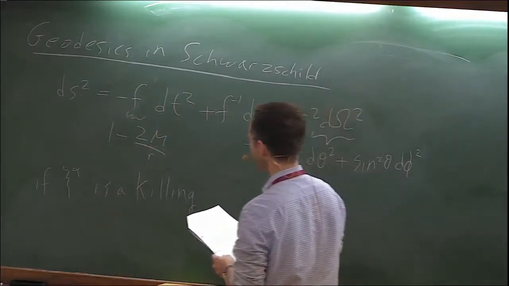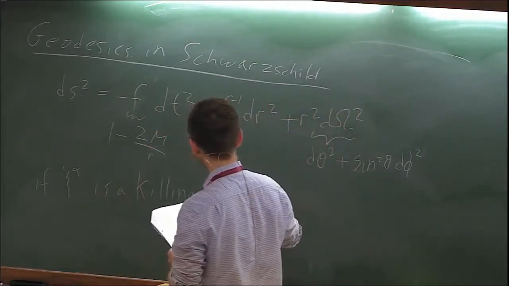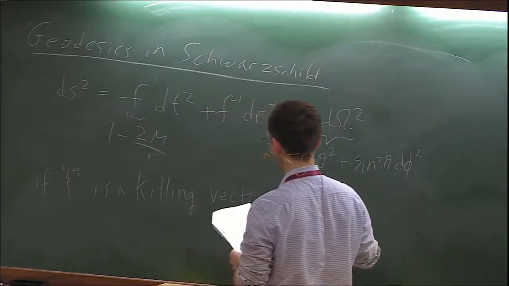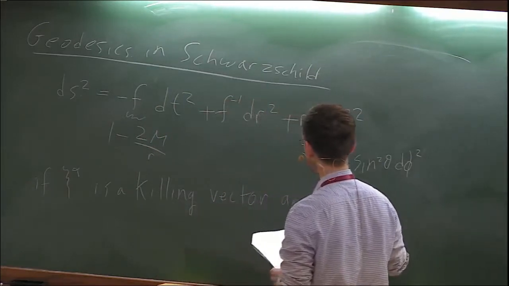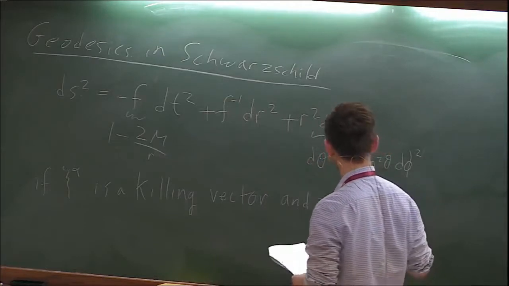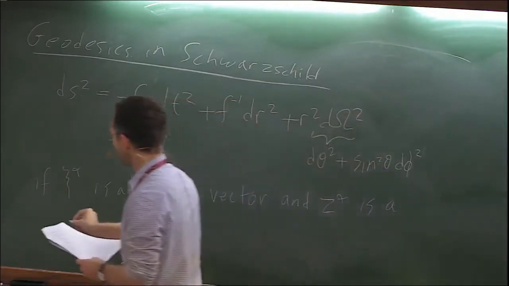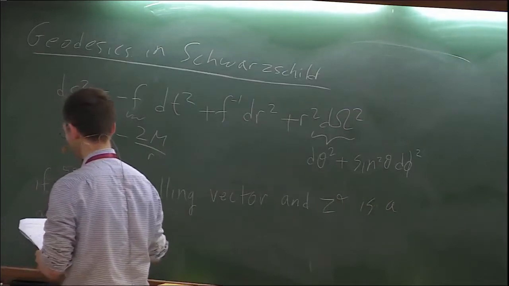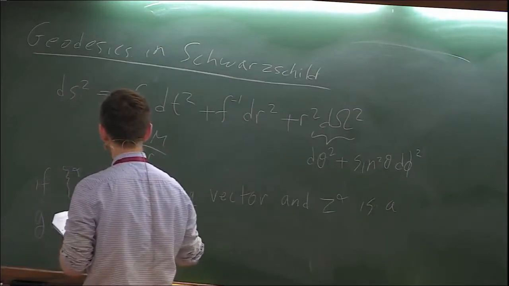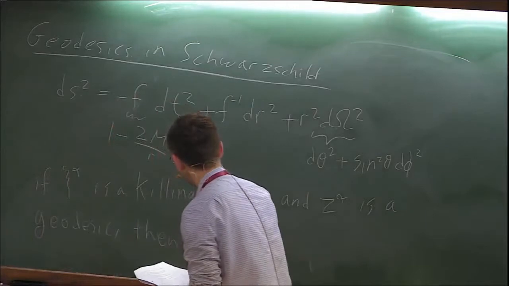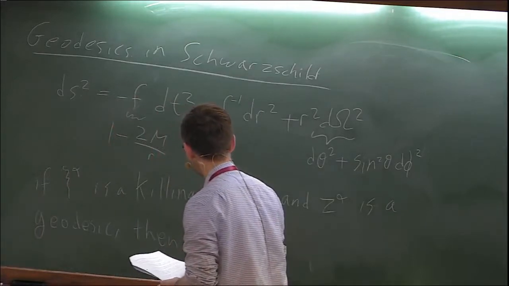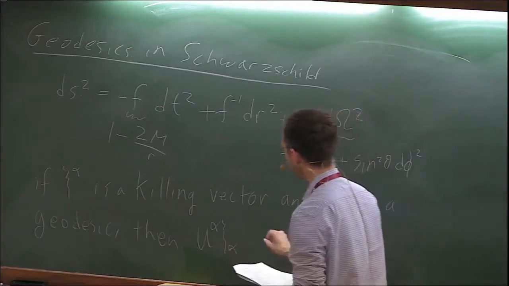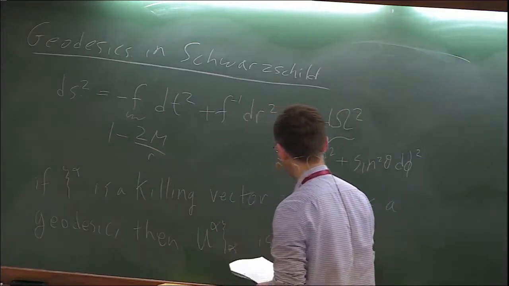So if we have a Killing vector of our spacetime and a geodesic world line z, then we get a conserved quantity, given by u^α contracted into ξ_α. So this is a conserved quantity. It's constant along the world line.